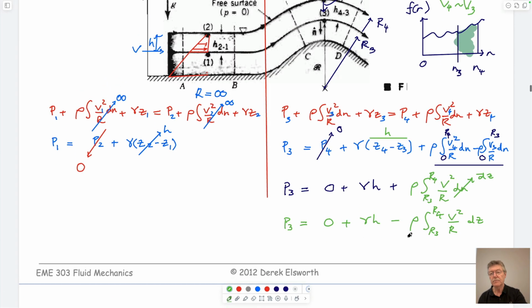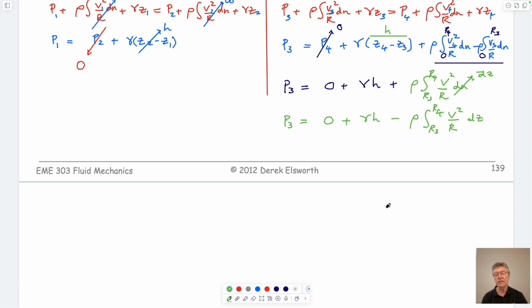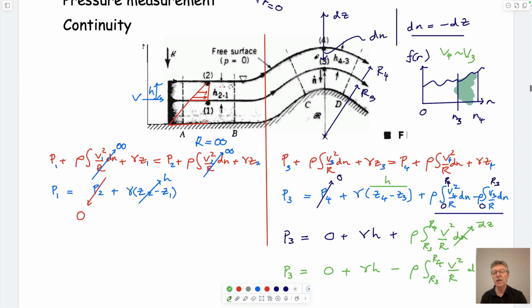Looks complicated, but really all it is saying is that if you plot V and you measure that V at R3 and R4, and I guess V would vary in some small amount as you go along here, right? Because it's going along a bigger arc, so to keep up with the fluids that are around it, just like going on the top of an airfoil versus the bottom, they kind of have to join up at the end, and that's why it's going faster on the top and slower on the bottom, because it's a longer distance.